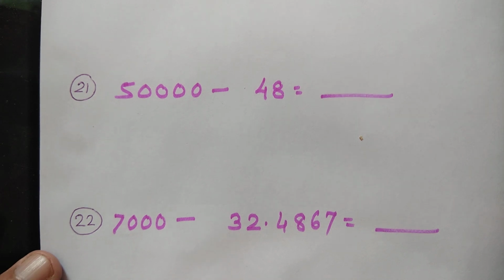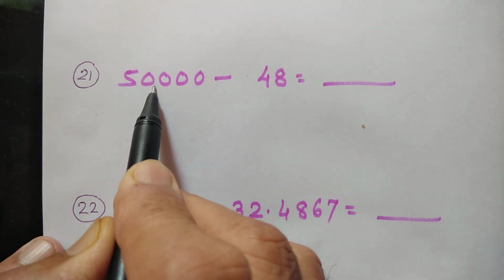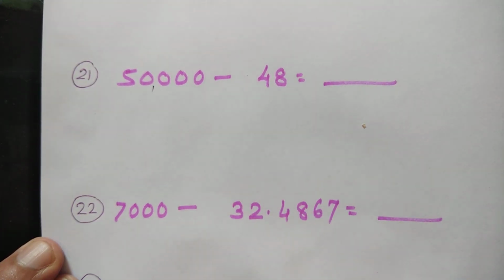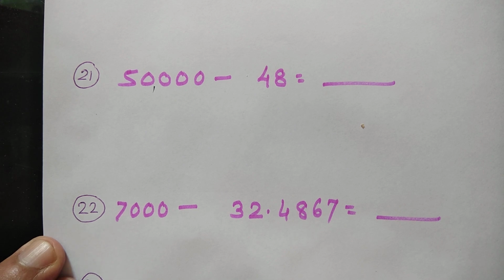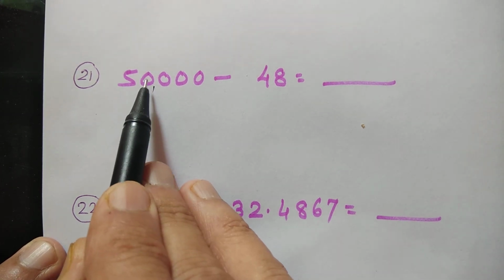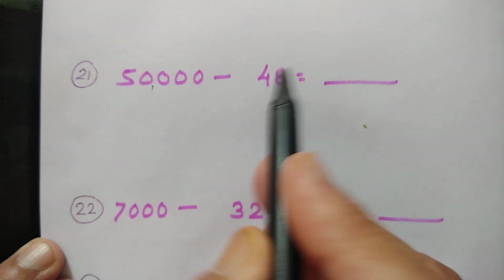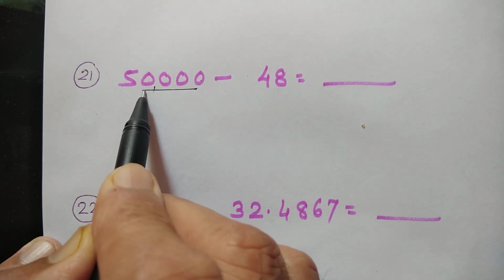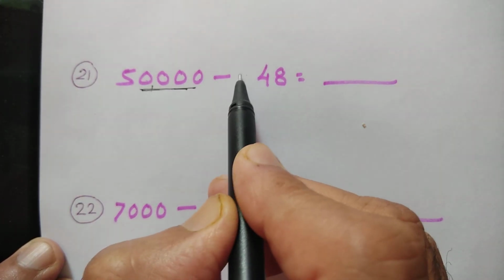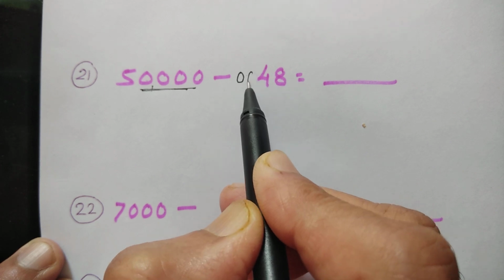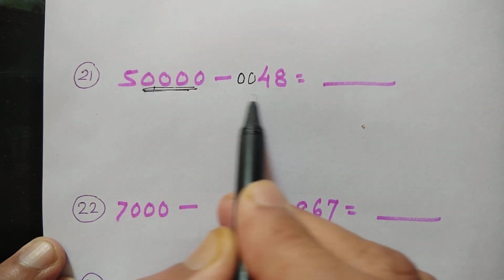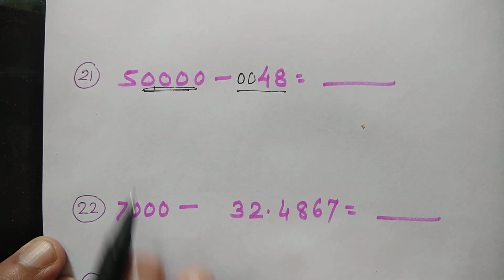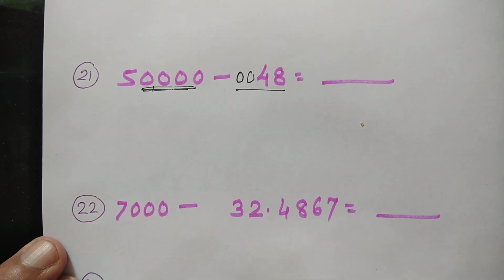Let's one more example. 50,000 minus 48. Then what will we do here? Here 4 times 0, 1, 2, 3, 4. Here 2 digit. Make same digit here. Put 2 times 0. Then 4 digit, 4 digit. First of all, complete this step.